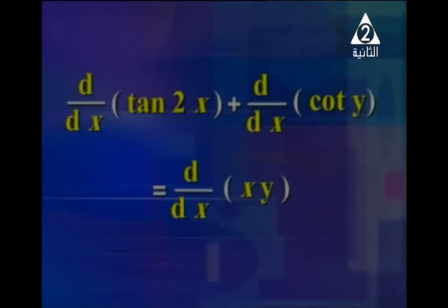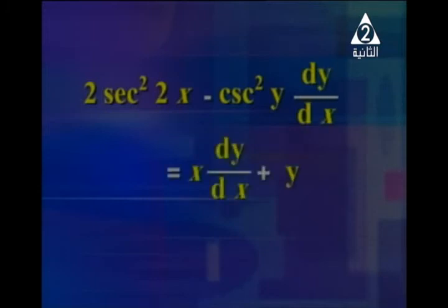Remember, dear student, the left-hand side is a sum of two functions, the right-hand side is a product of two functions. We have two rules: sum on the left, product on the right. On the left-hand side we differentiate each term, but on the right-hand side we find d over dx of a product of two functions: first derivative second plus second derivative first.